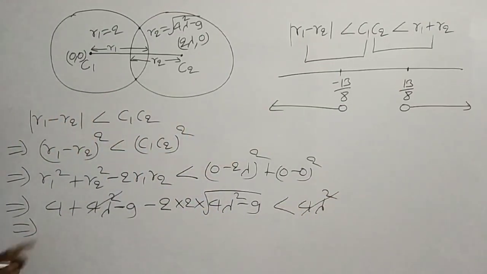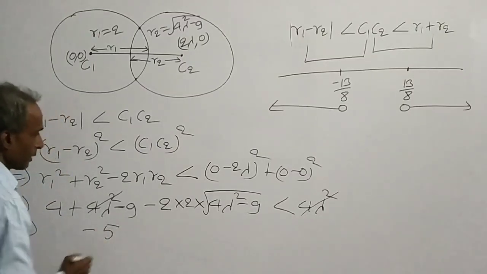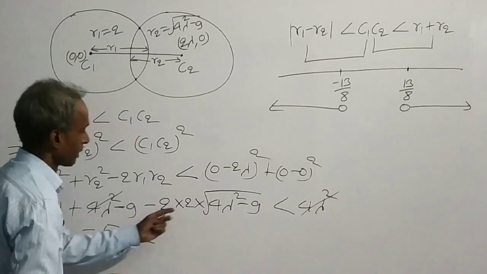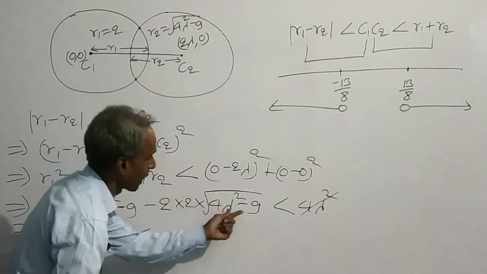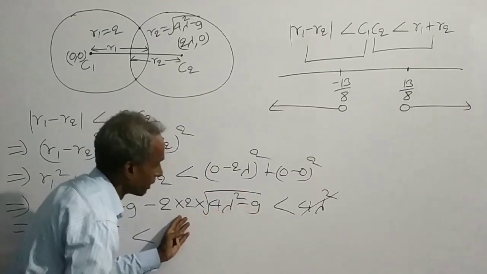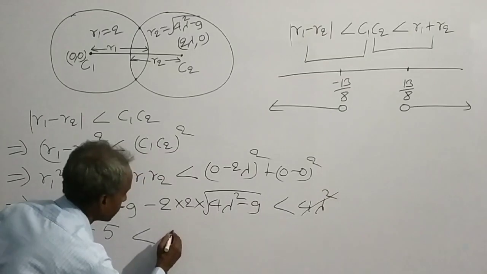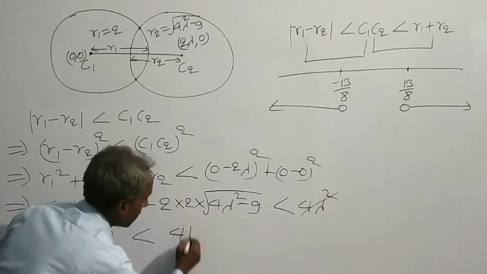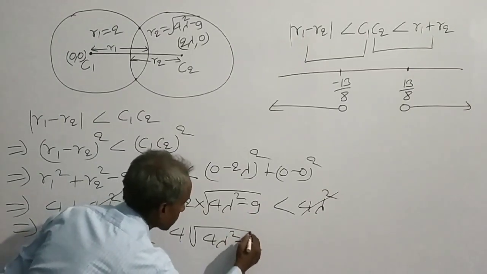This implies 4 minus 9, that is minus 5, is less than 2 times 2, 4 times root under 4 lambda square minus 9. We shift this to the right hand side, then this is 4 times root under 4 lambda square minus 9.